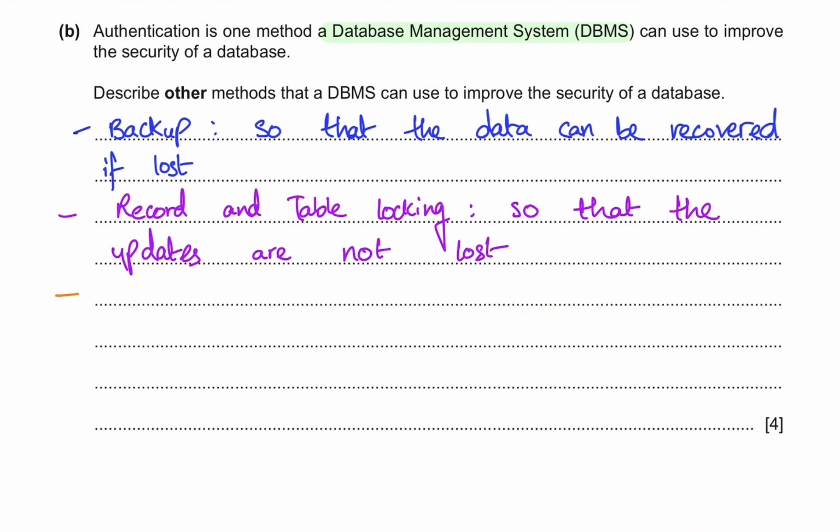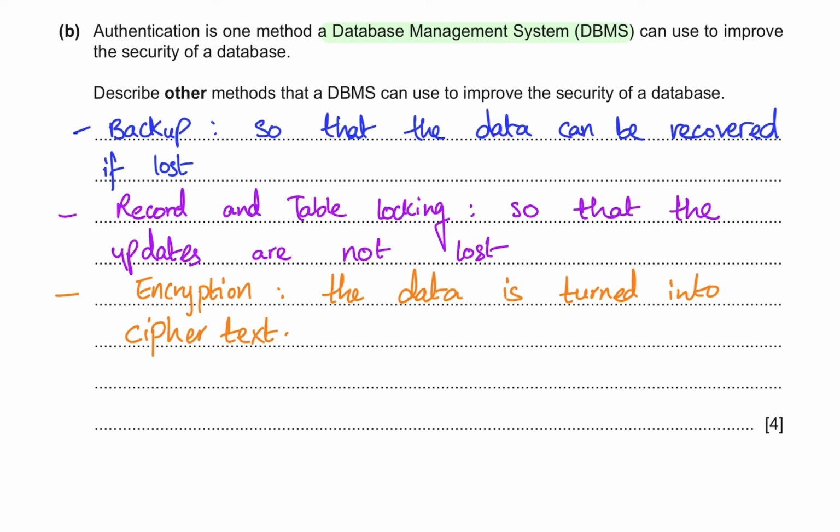Third one you could say encryption. Encryption is the most important one. Why? Because the data is turned into ciphertext.